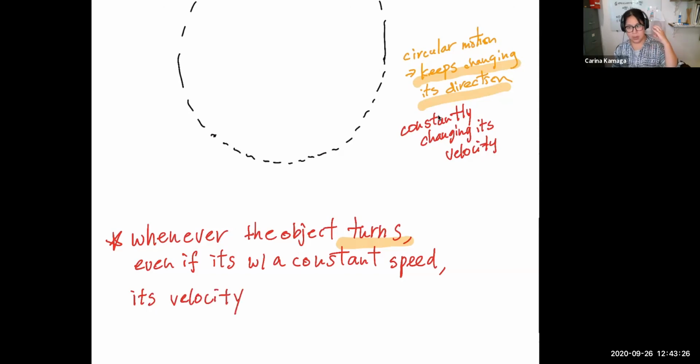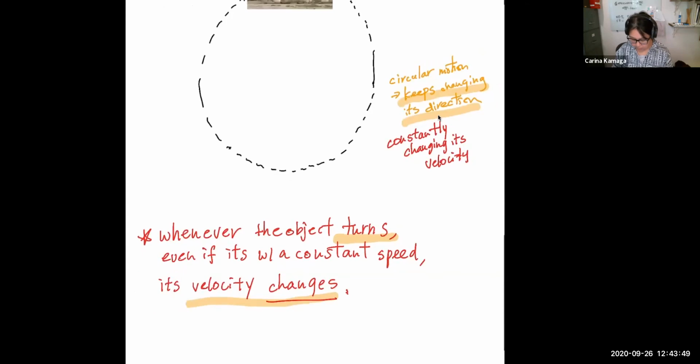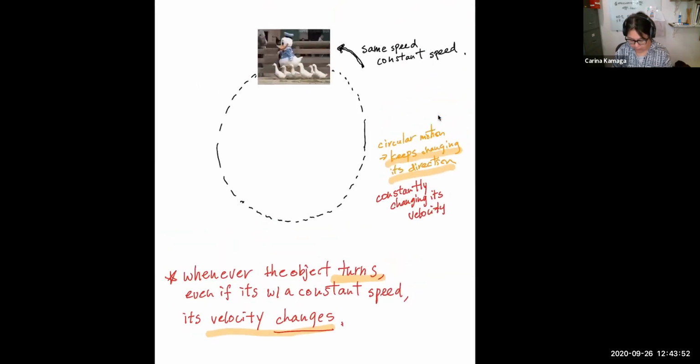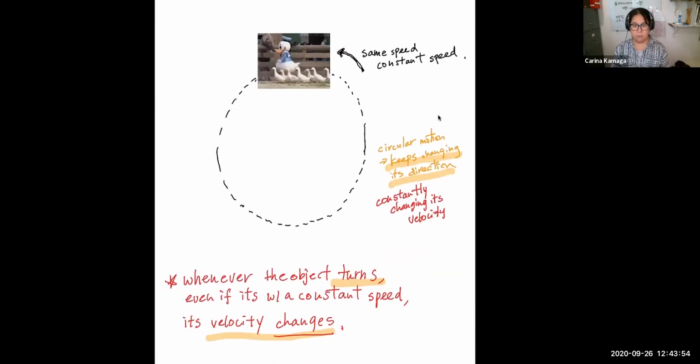Does the velocity stay the same, constant, or change? It changes. Turn means change in velocity. There is a change in velocity, okay? So whenever it turns, the velocity changes. Of course, if you speed up or slow down, velocity changes. And even if you're at the same speed, whenever you turn, velocity changes.